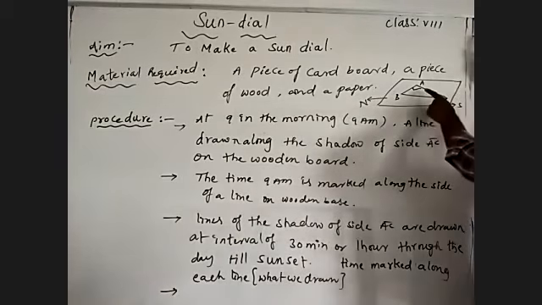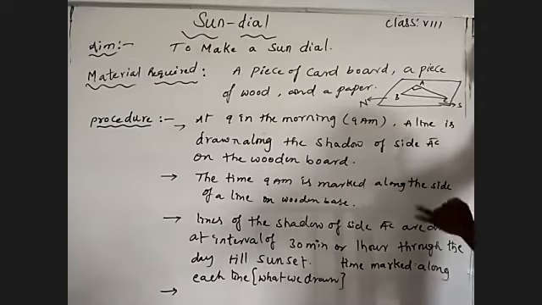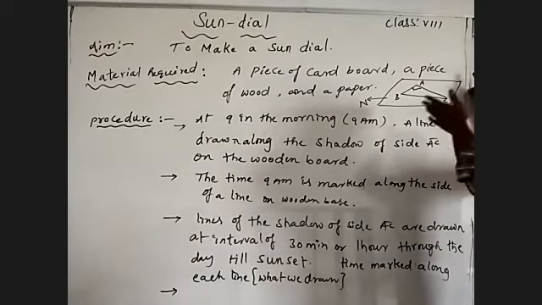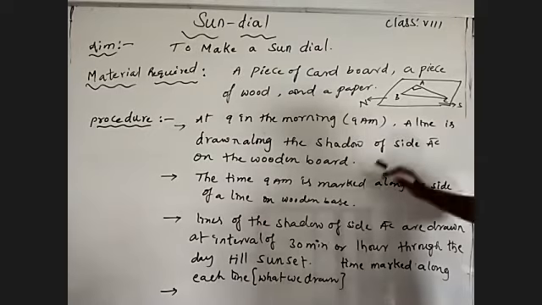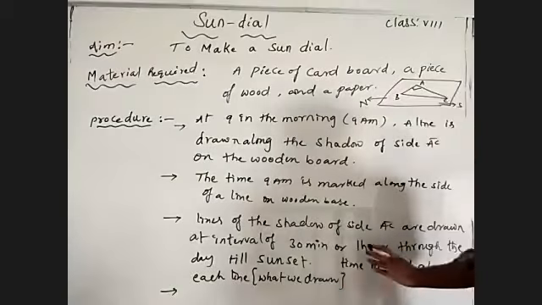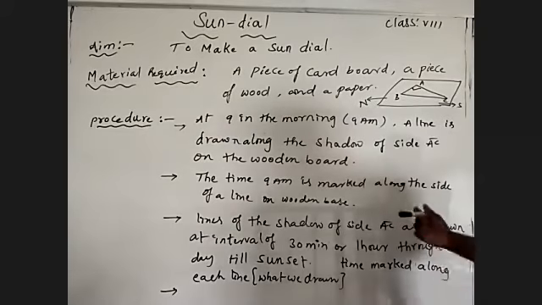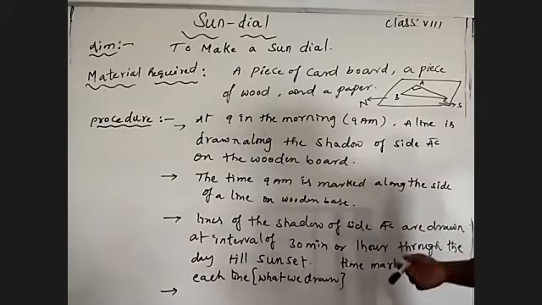The side AC forms a shadow on the wooden base. When sunlight falls on that cardboard, it forms a shadow on the other side on the wooden base. So at every interval of time, 30 minutes or 1 hour, starting from 9 o'clock, we have to come by 9:30 exactly, or 10 o'clock exactly, looking at the watch.